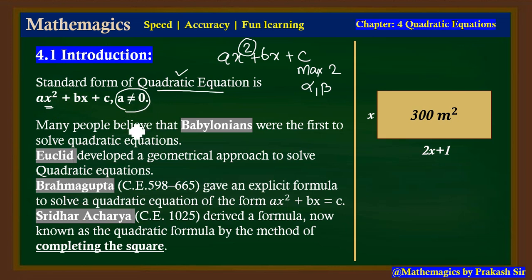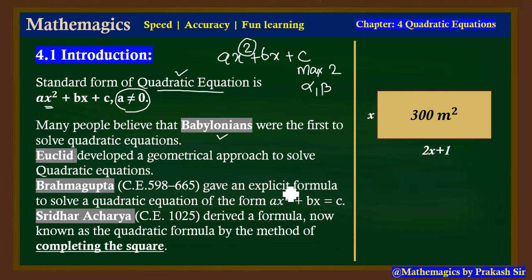Now the most important part: many people believe that the Babylonians were the first to solve the quadratic equation. Many people used to say that Euclid developed a geometrical approach to solve the quadratic equation, but in our India, Brahmagupta has given an explicit formula to solve a quadratic equation of the form ax square plus bx plus c. As we know, our ancient mathematicians of India knew the quadratic equation.